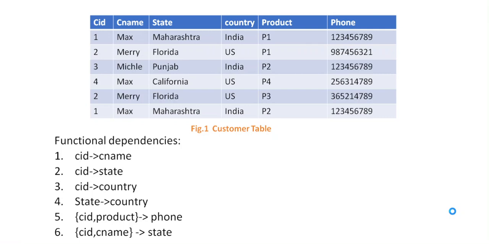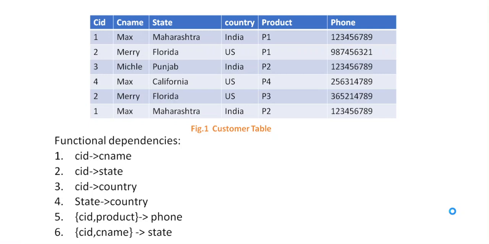If you repeat the value of customer ID, the value of state and country will be the same. So that is true. Now, state determines country. This is also true, because when you say Maharashtra, the country will be India. When you say Florida, the country will be US. Meaning if you repeat the value of state, the value of country will be the same. So that is also true.